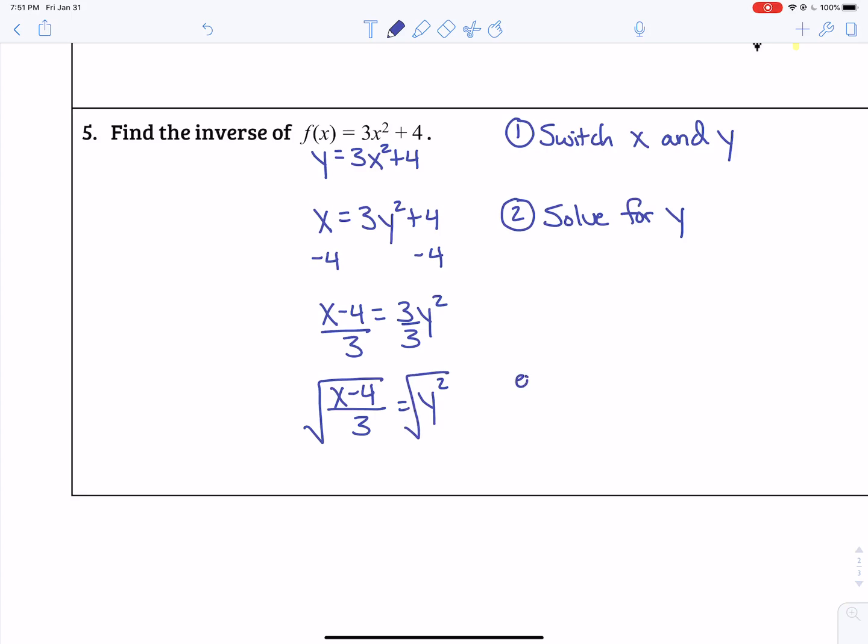Remember, even roots need plus or minus. So when you're solving and you take the square root like I just did, I need to put a plus or minus out front, and then x minus 4 over 3 would still be underneath. And then you just want to put that little negative 1 to label it correctly, because now you have found the inverse. And that is it.